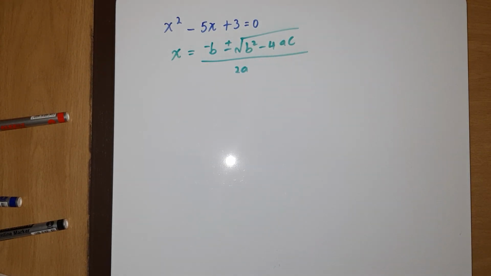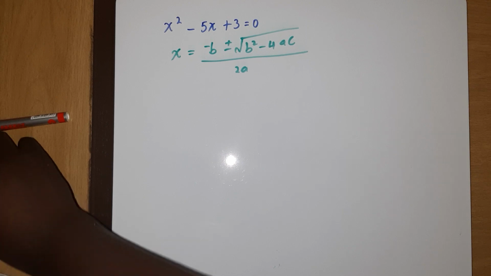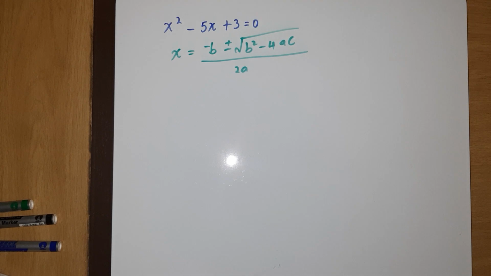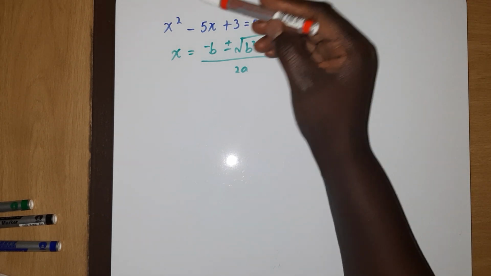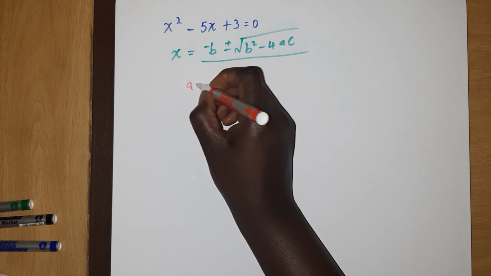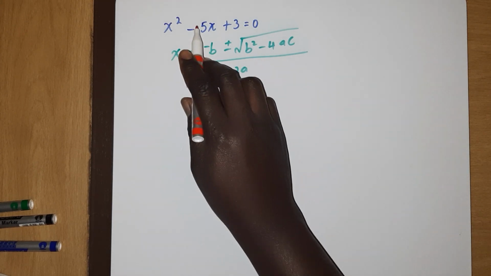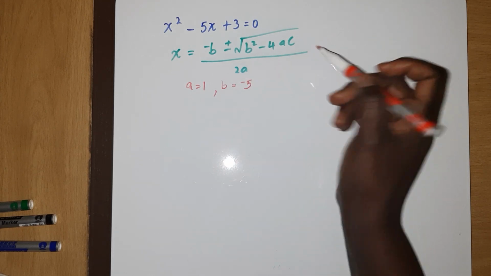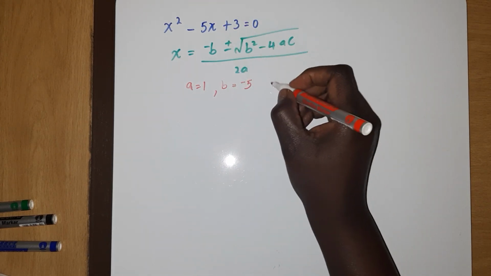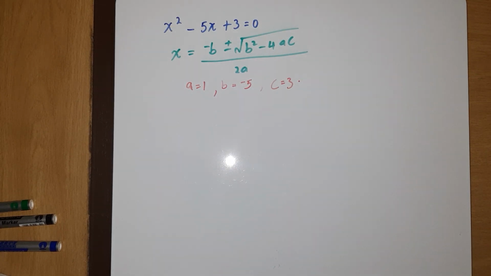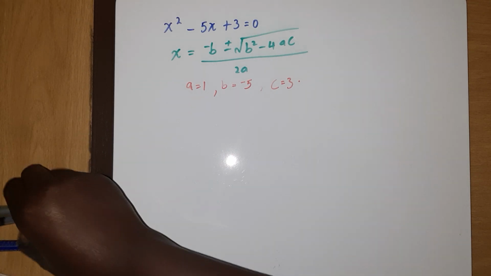All right. So what is our a? Our a is 1. Our b is minus 5. And our c is 3. So we just feed those values into the equation and get our solution.